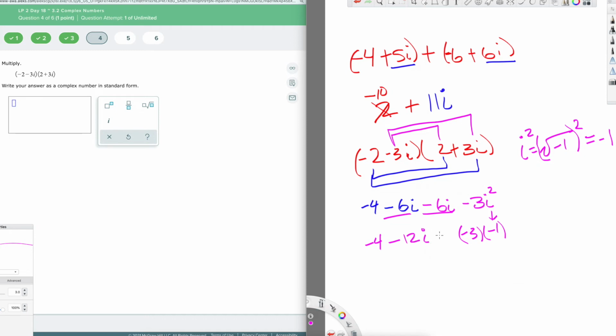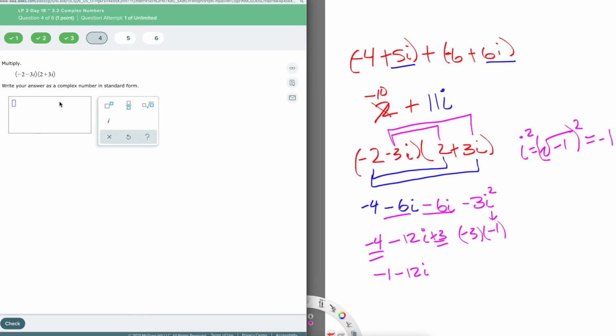And then these I need to multiply together. Negative 9 times negative 1 is positive 9. So now I have some more like terms I can add together. Negative 4 plus 9, that's 5 minus 12i. So now that is simplified as much as I can go there.